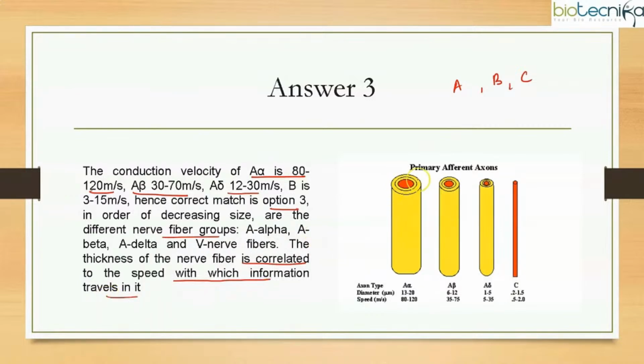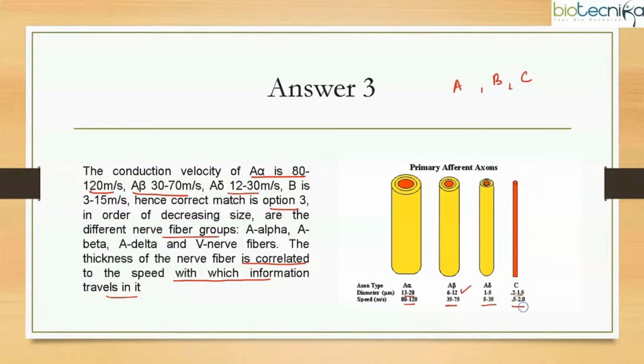If the diameter is higher, as for A alpha, the speed will be higher. If you have some idea about their diameter, you can easily solve this question. A beta has a smaller diameter, so the speed is less. A delta is still less, so alpha, beta, delta. In this way their size decreases, so their conduction velocity will also decrease. And C has a very small diameter, 0.2 to 1.5 micron.